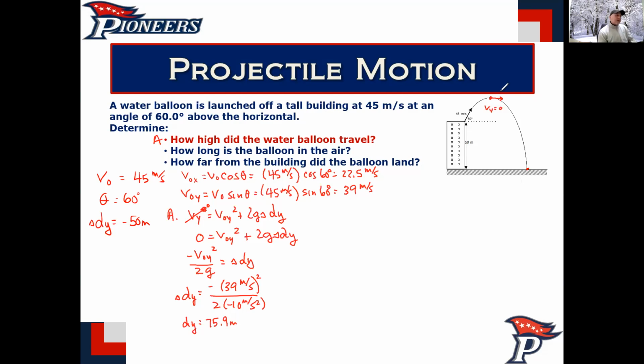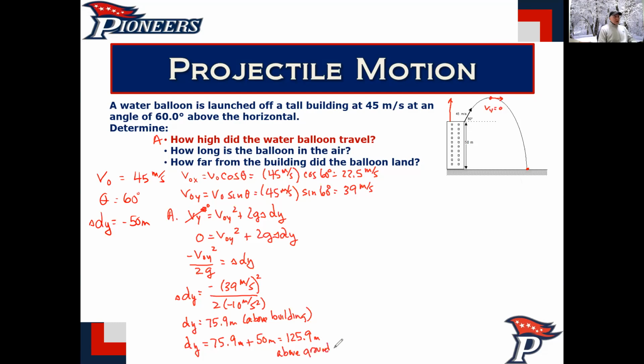That answer is from here to here, so this would be above the building. And if it asked above the ground, then I would take that 75.9, or 76, and add the 50, which would give me 125.9 above ground.